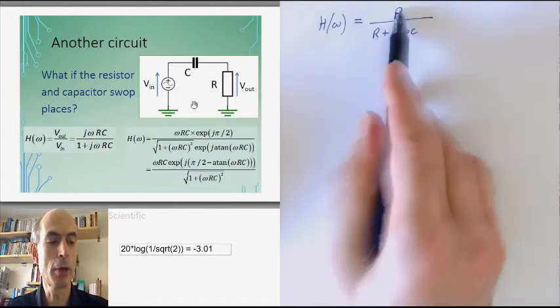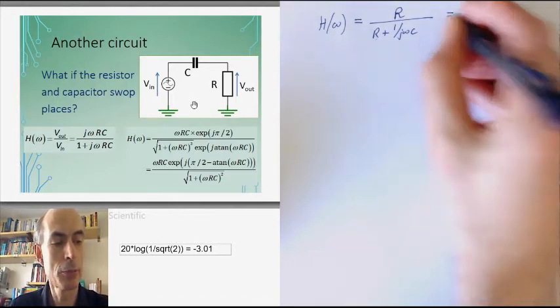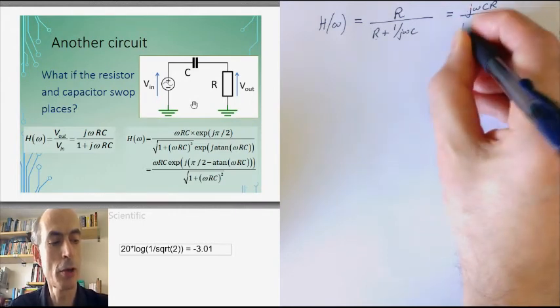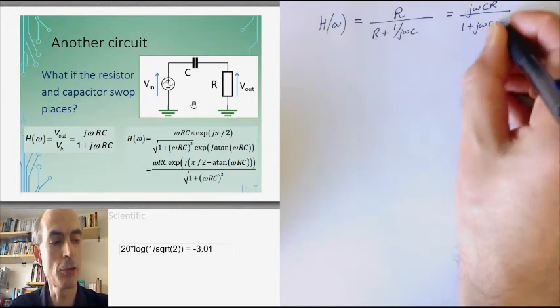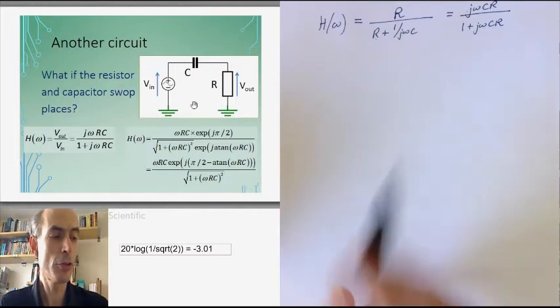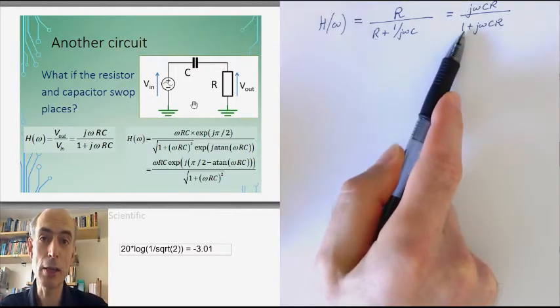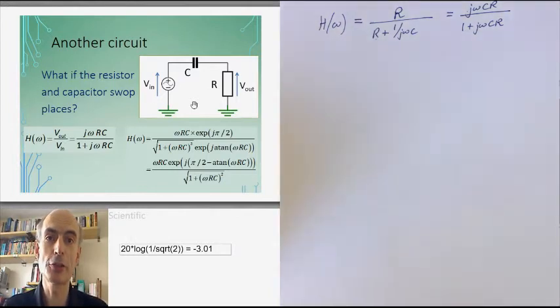Multiply top and bottom by j omega C again, and I would get j omega C times R over 1 plus j omega C times R. So the numerator is different, but the denominator is the same as the expression that we had last time.